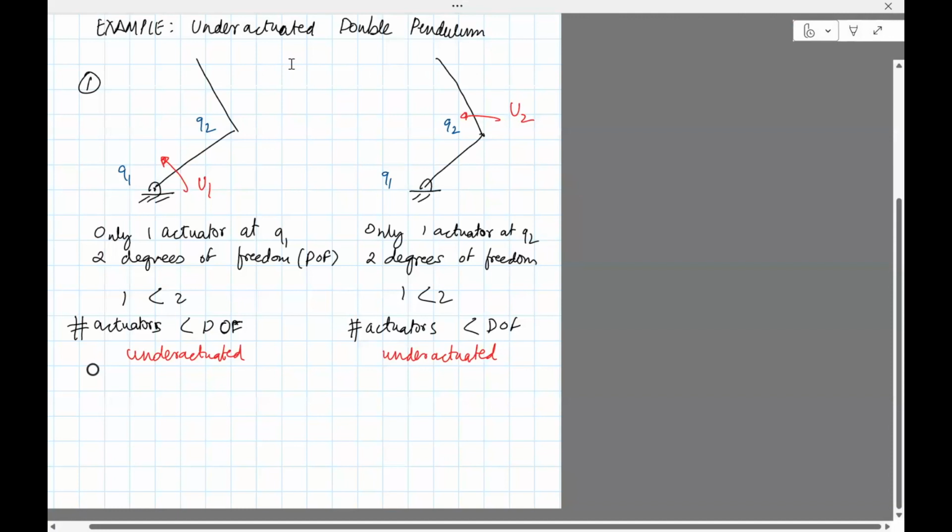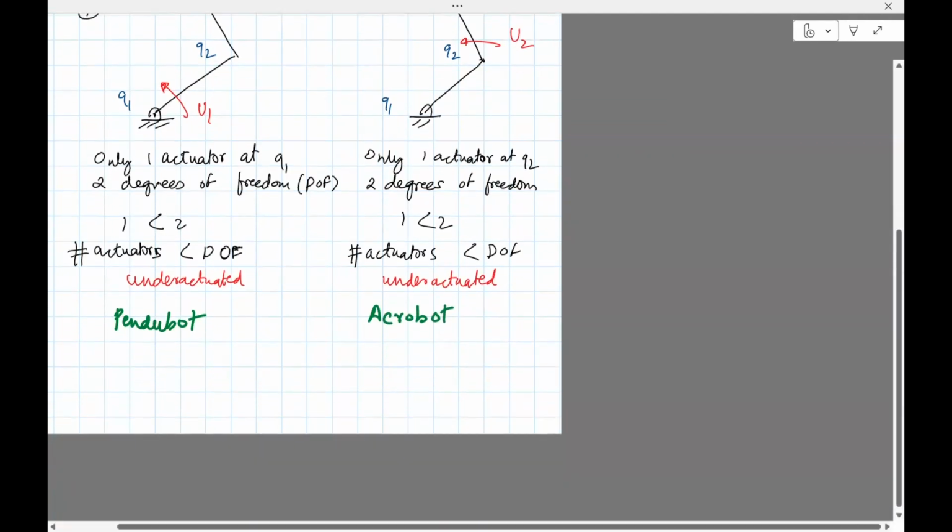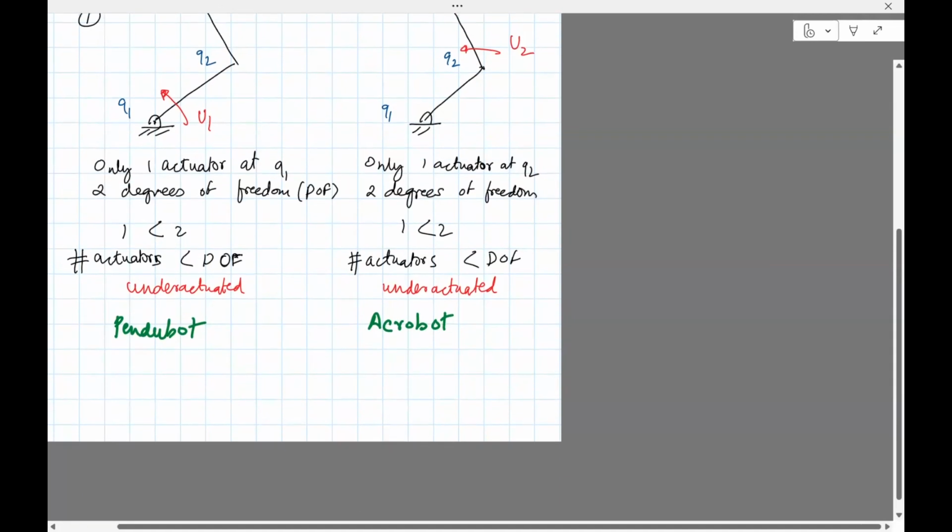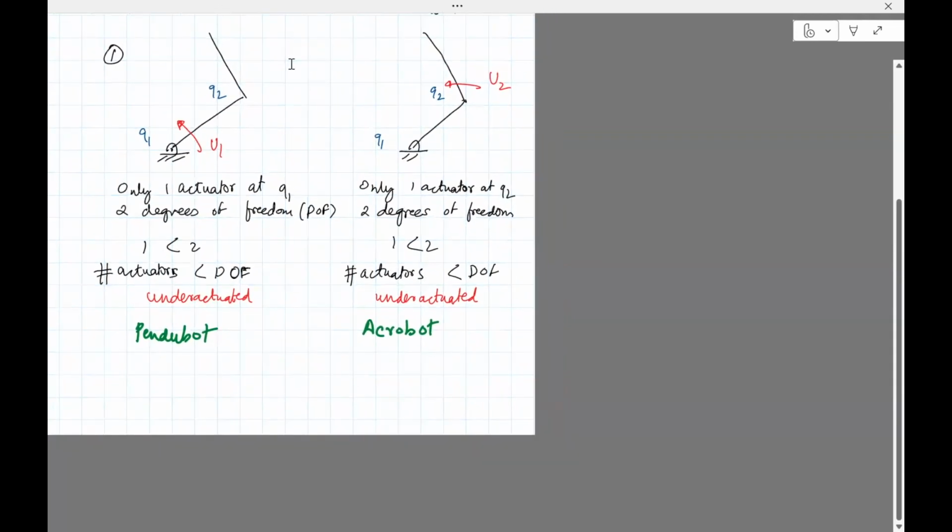These systems have names. The first one is called a pendubot. And this one is called the acrobot. The acrobot signifies an acrobat who's freely swinging.